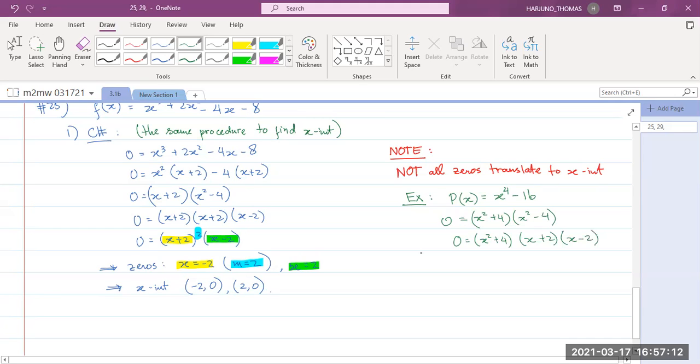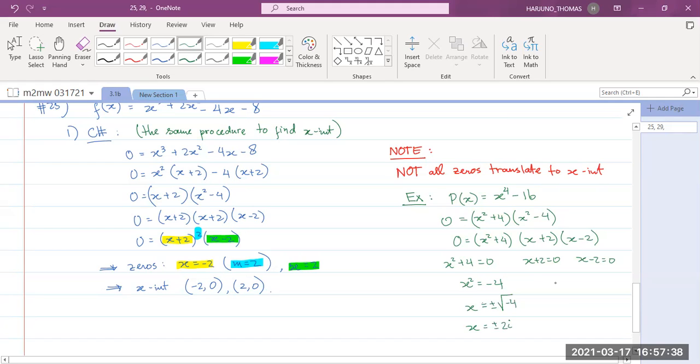Right? So what are the zeros? x squared plus 4 equals 0, x plus 2 equals 0, x minus 2 equals 0. So x squared equals -4, x is plus or minus the square root of -4, which is plus or minus 2i.